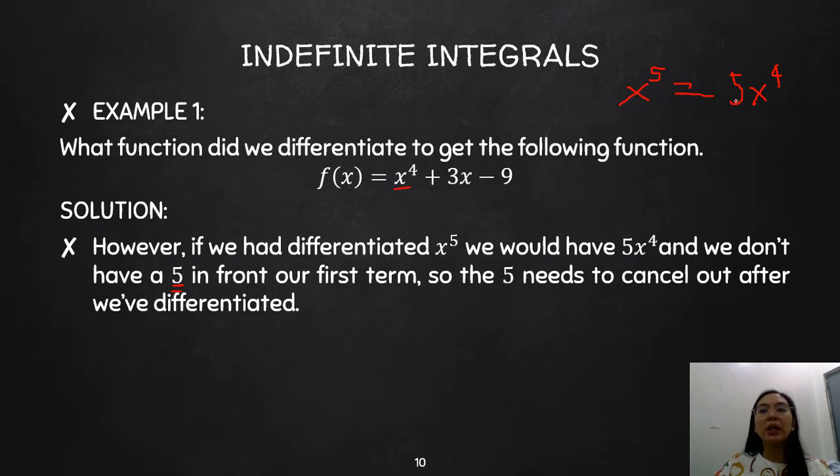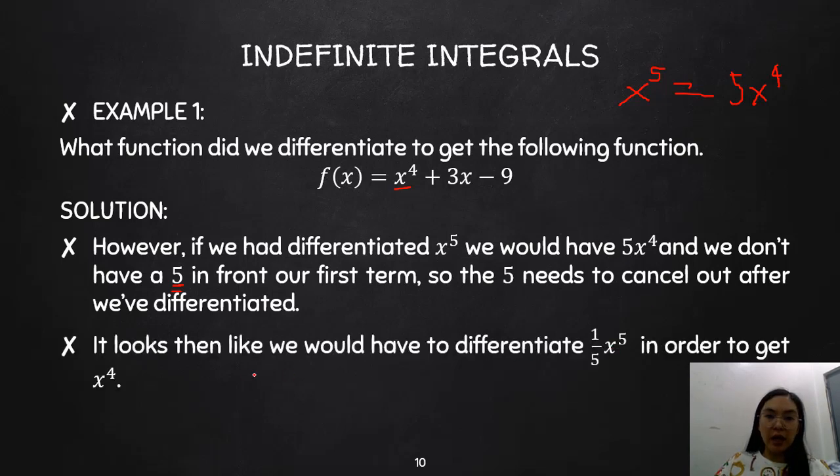So what do we do? We get rid of that particular 5. Such that kung ang dinifferentiate natin na function is 1/5 x raised to 5, di ba ang makukuha natin is x raised to 4. So ibig sabihin, pag integrate natin ang x raised to 4, ang makukuha natin dito is 1/5 x raised to 5.